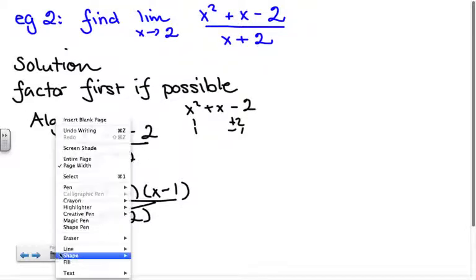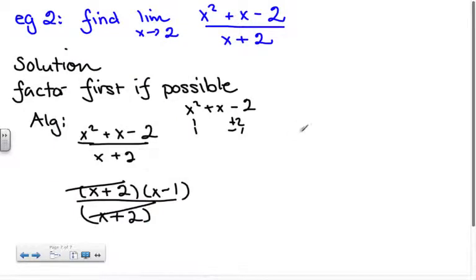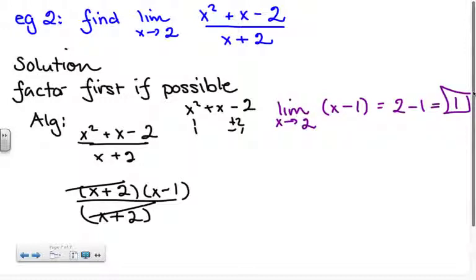And as such, we end up with the limit as x approaches 2 of x minus 1, which is 2 minus 1, which is just 1. So when we're working with rational functions, we always want, if possible, to factor it and make it into something good to work with.